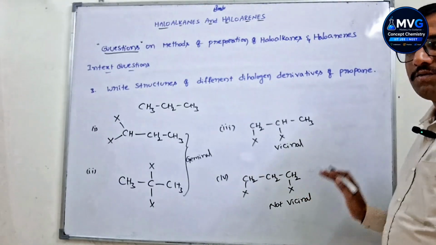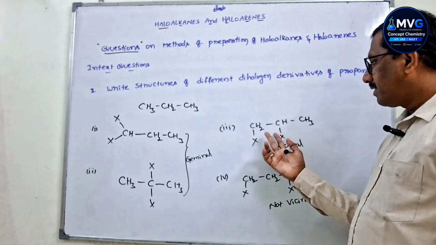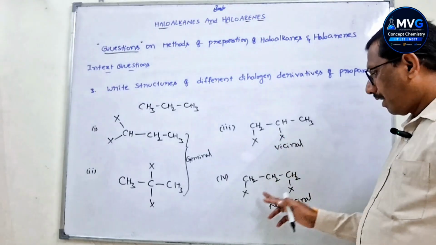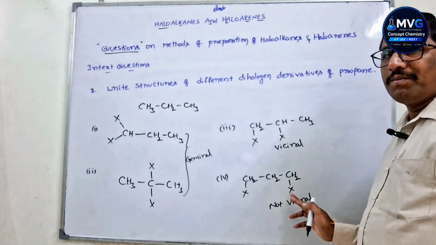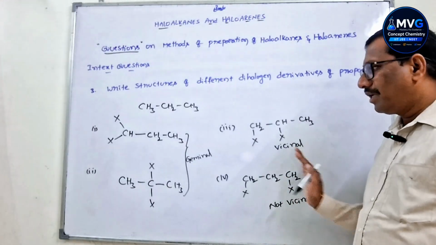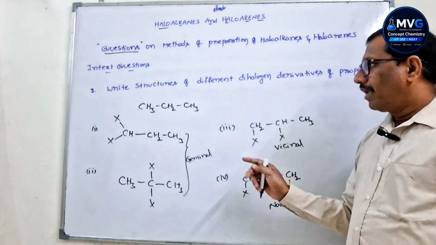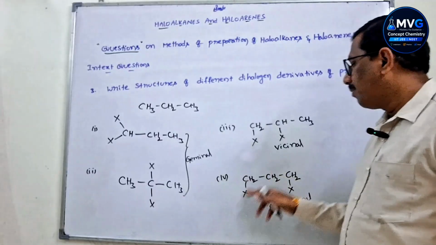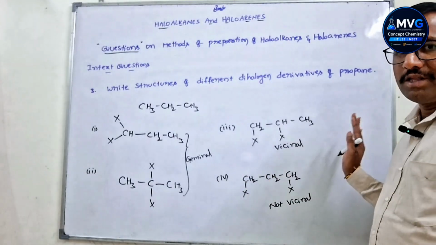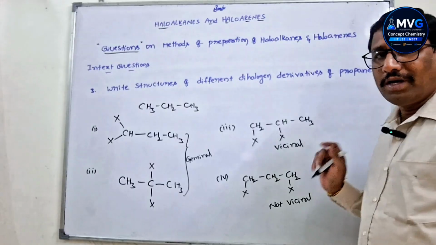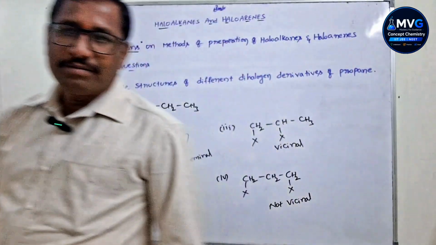Just recalling once: two halogens on adjacent carbon atoms means vicinal; if adjacent carbons do not have them, that is not vicinal. I am just revising that concept. But what they asked is the different dihalogen products: 4 possibilities are there. That is enough, students. If you write structures like this, it is enough. Please write down.